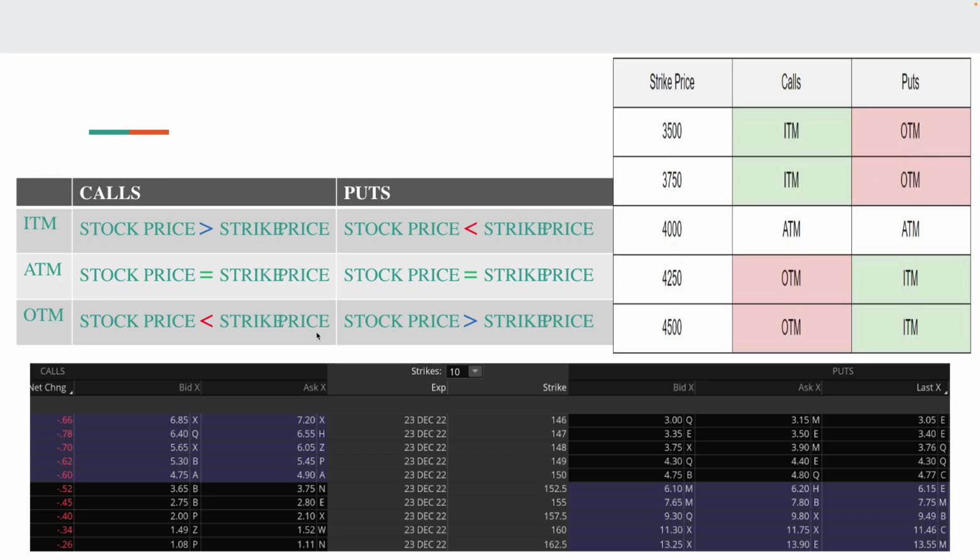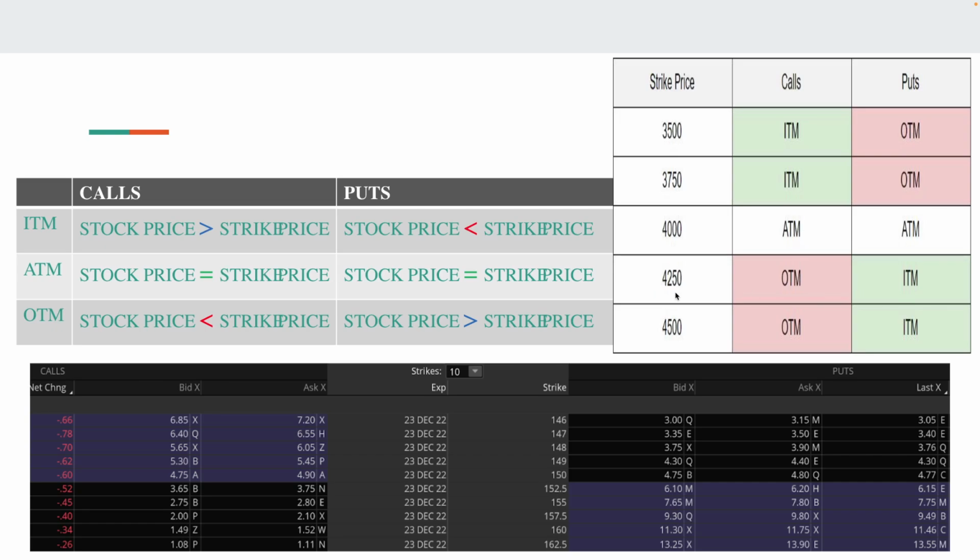And then for puts, they are out of the money when the stock price is greater than the strike price. So the puts with the 3,500 and 3,750 strikes are out of the money because the current stock price is greater than the strike prices. And then the puts are in the money when the stock price is less than the strike price, right?